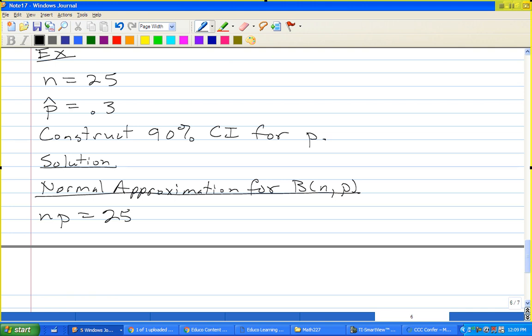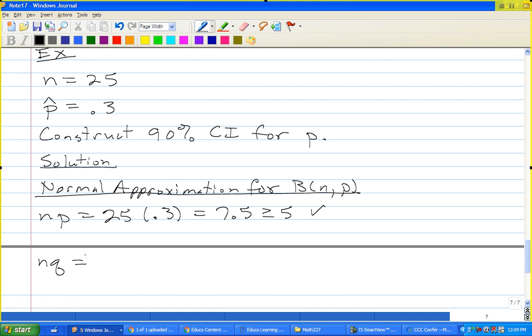I can say, well, it's approximately equal to the sample proportion. So 7.5. That's greater than or equal to 5. Let's look at n times q. Again, I don't know what q is, but I can estimate it by the sample proportion of failures.